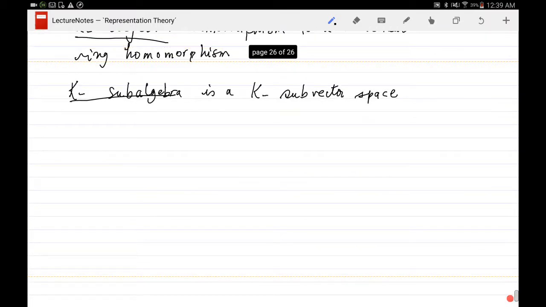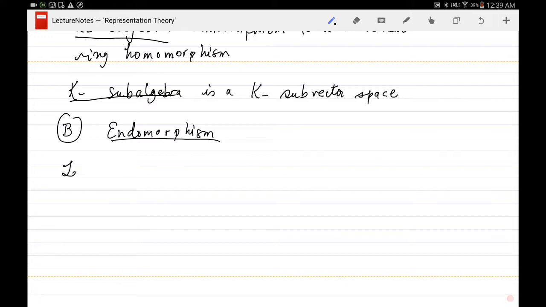Stage B, we'll define an endomorphism, or at least the kind of endomorphism that we'll use. So we let M be an abelian group.